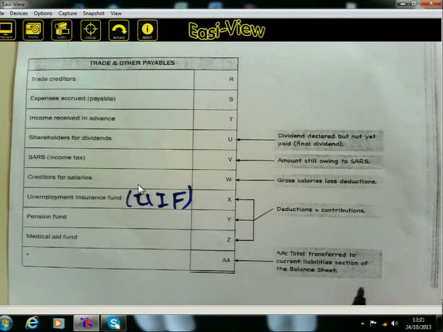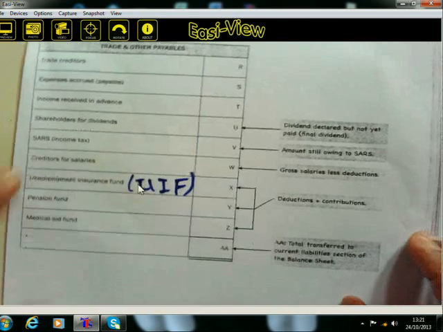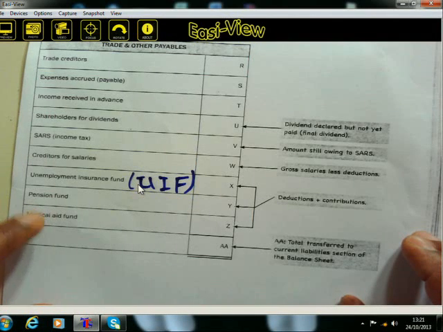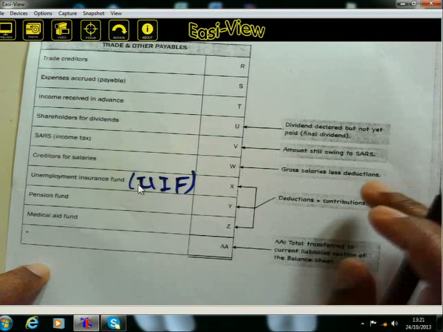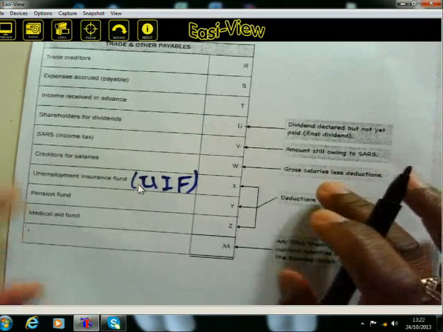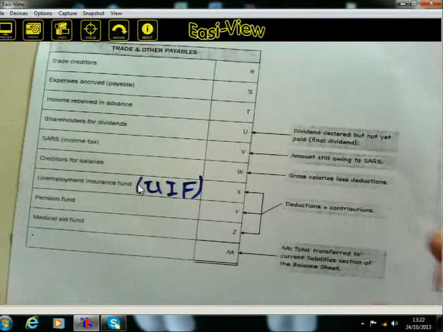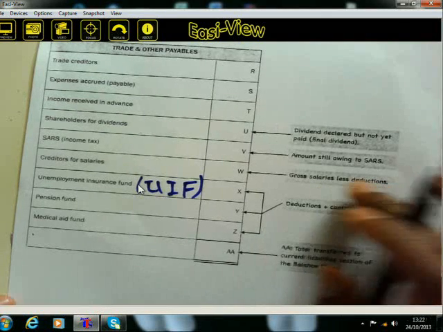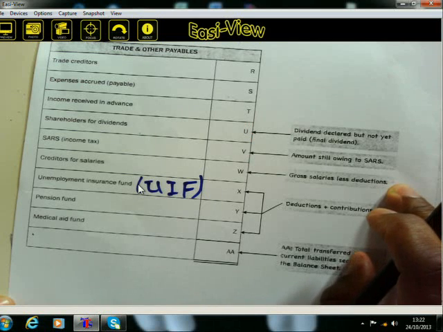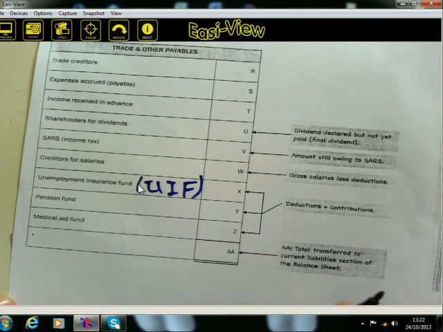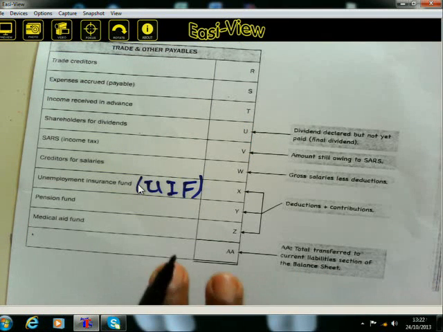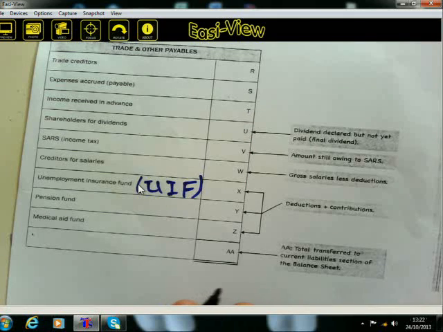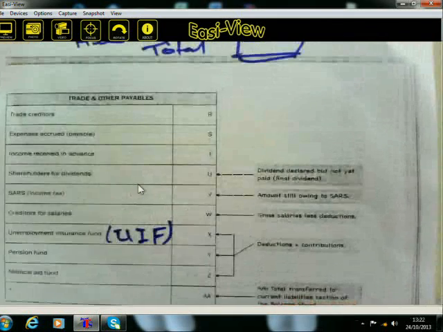So if there are contributions that are made by the employer, when you calculate the creditors for salaries, from the gross salary of a person, when you do the deductions to get the net salary, you don't subtract the employer's contributions.